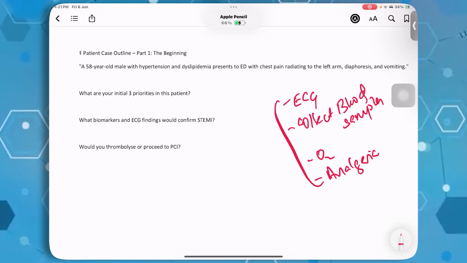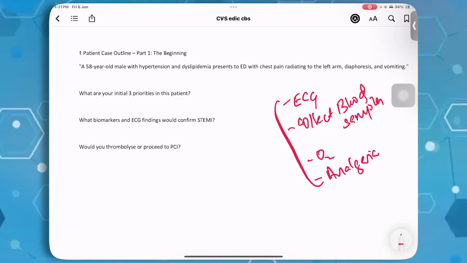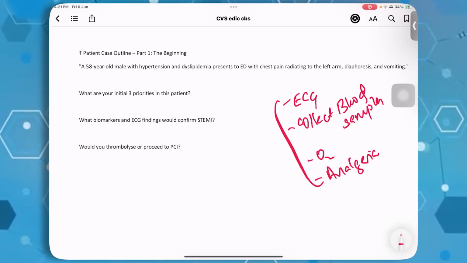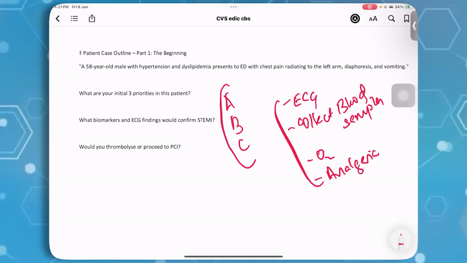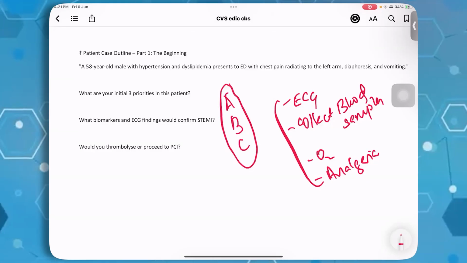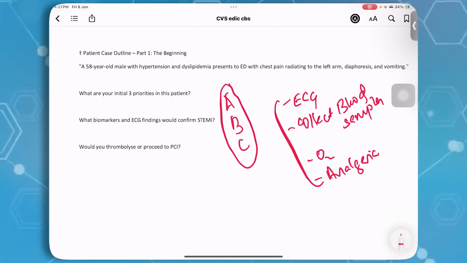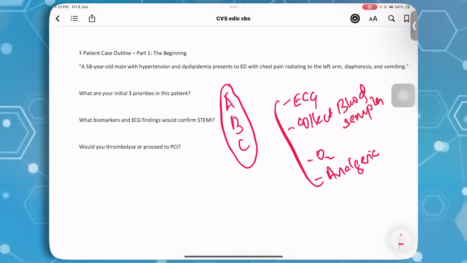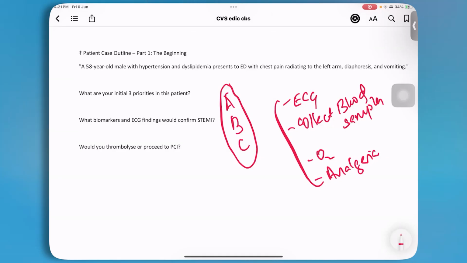When all of you are appearing in the EDIC exam, you must start with ABC. Okay sir, noted. These are your first three priorities. Everything else can wait.